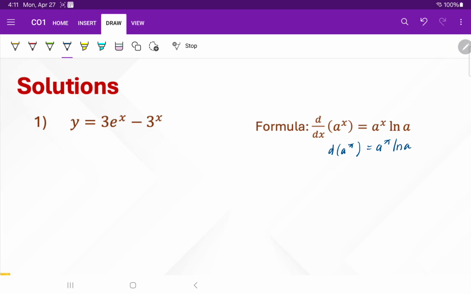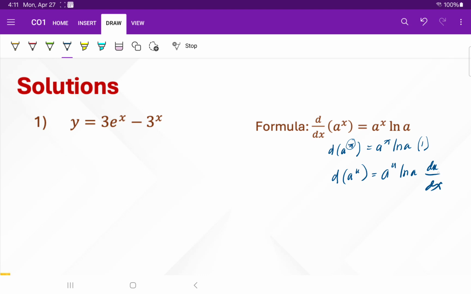But actually what we use here is, what is the derivative of a to the u? It's equal to a to the u ln of a du/dx. But in here, our exponent is simply x. So the derivative of x is actually 1, which represents the derivative of u with respect to x.